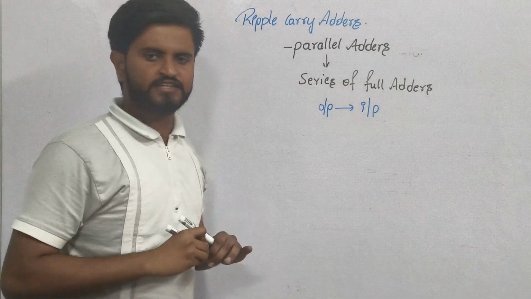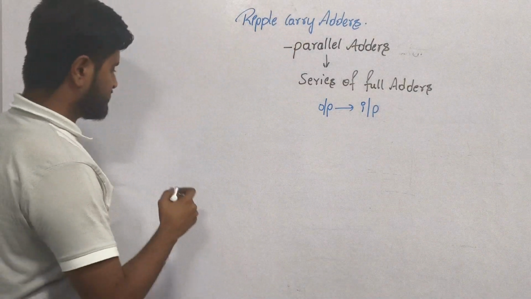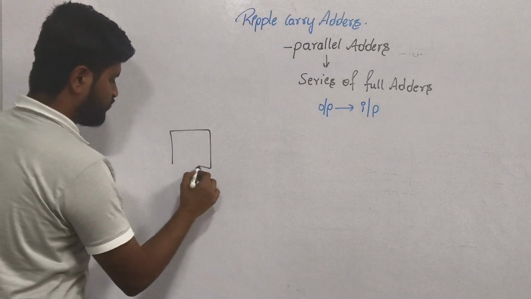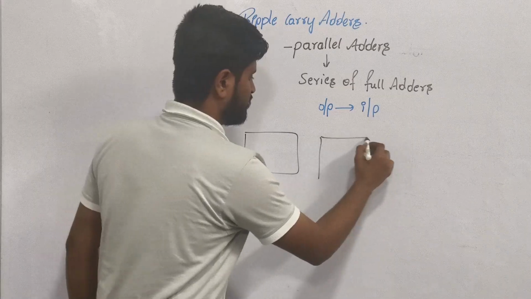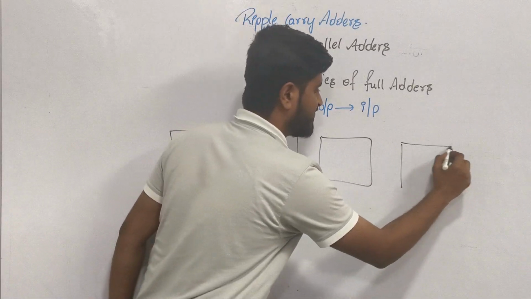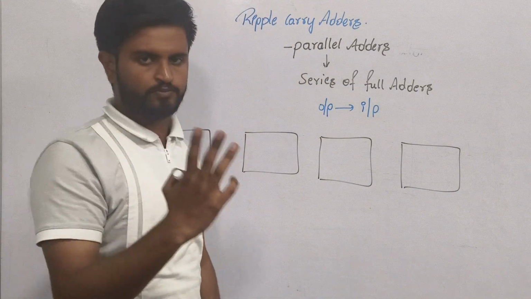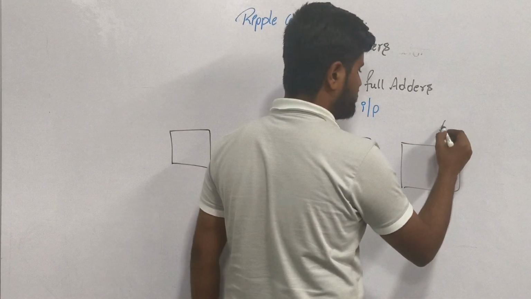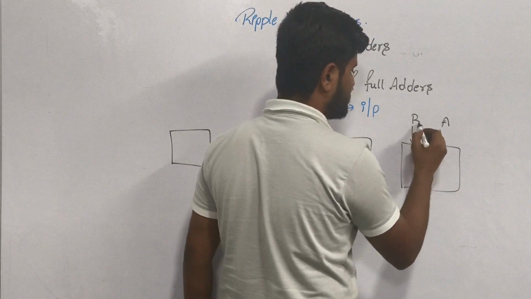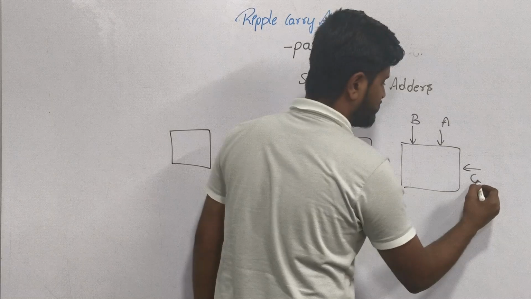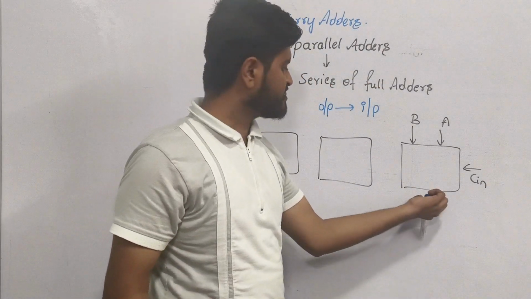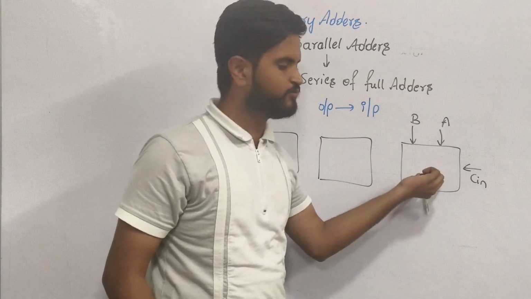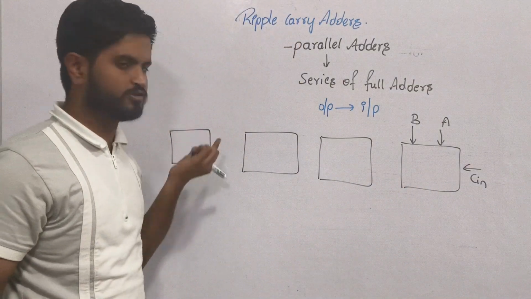So now let's design the ripple carry adder circuit. I will be using 4 full adders. We also know that in full adders we have 3 inputs: A, B, and carry input. At the starting I will take the first adder. So this is the first full adder, second, third, fourth, like this.